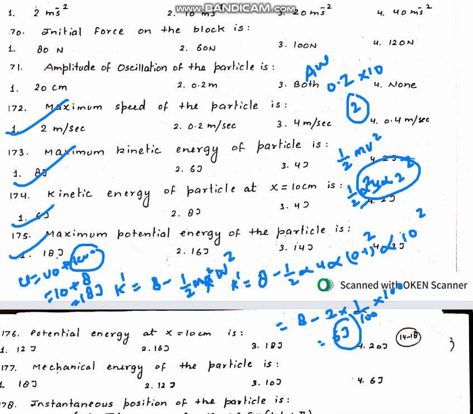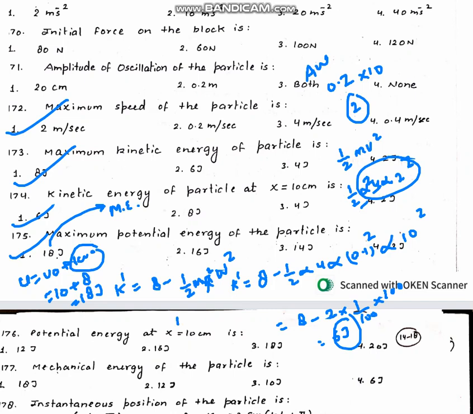Next is potential energy at x is equal to 10. So here we can say that the total mechanical energy, or the maximum potential energy of the particle is 18 joule, which is also equal to the mechanical energy.